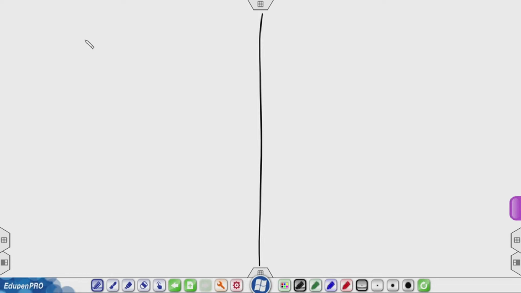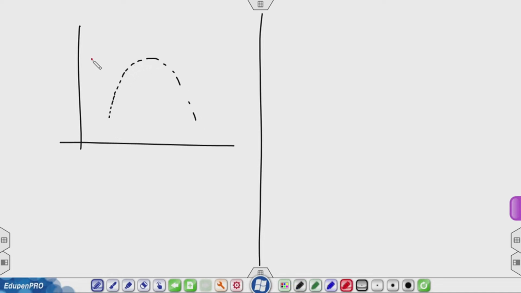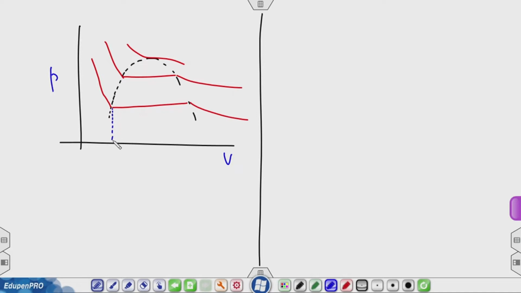So, by looking at this picture, you can learn a lot of things. Let me keep making this picture. Here volume, pressure, there is a difference between, let us say, V liquid and V vapor, and this difference keeps becoming smaller, and at this point this difference vanishes.